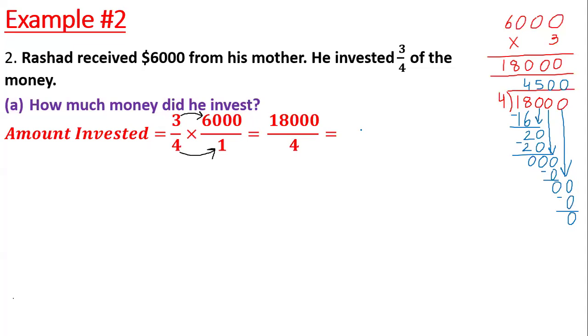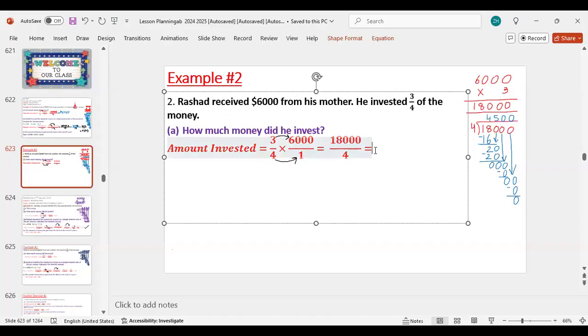So the answer here is going to be 4,500. And that's how we got the amount invested.